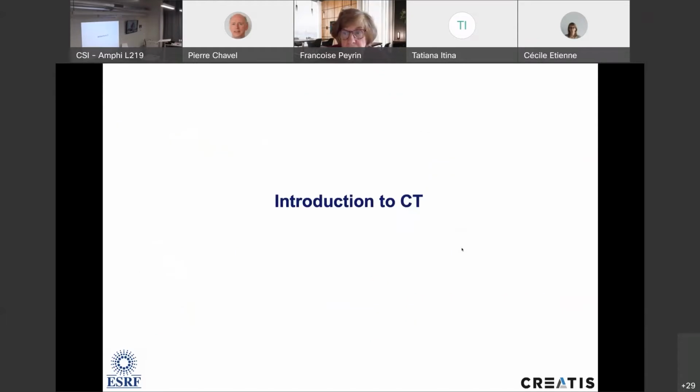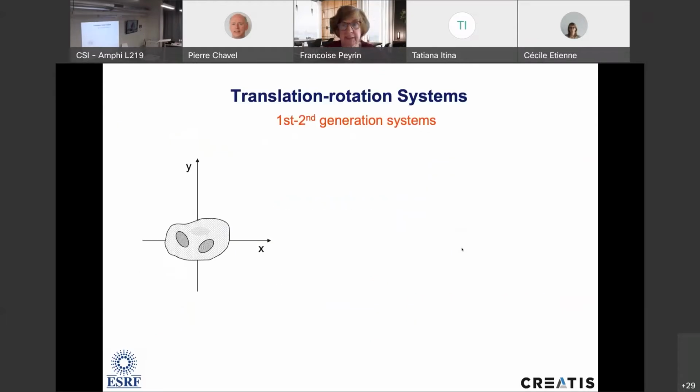So first of all, what is CT? The principle of CT is to obtain an image from acquisitions made with the X-ray beam. I will explain the principle from the first and second generation systems, which were called translation and rotation systems. The principle is you have an object.